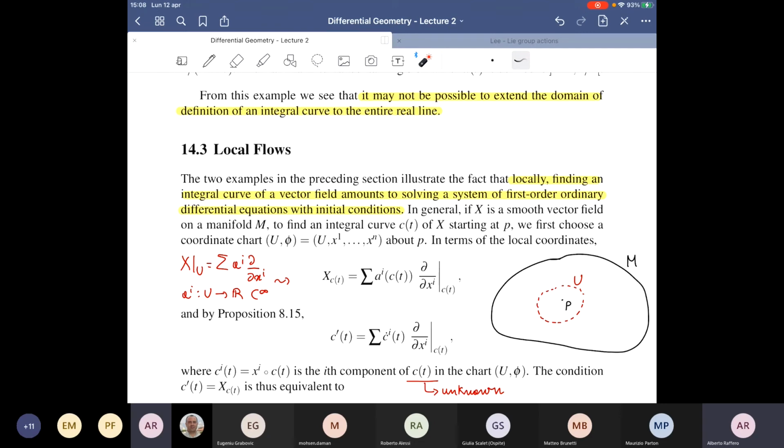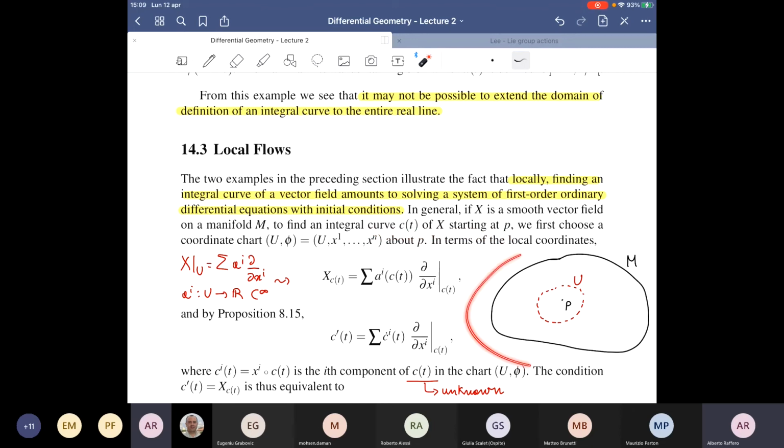So this means that I have my vector field and I want to look for an integral curve of it starting at a given point. And as we will see, this boils down to solving a system of ordinary differential equations with given initial datum. So let us assume that we have a smooth vector field X on the manifold, and that we want to find an integral curve of X starting at a given point.